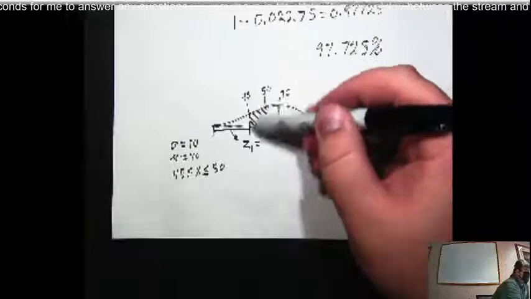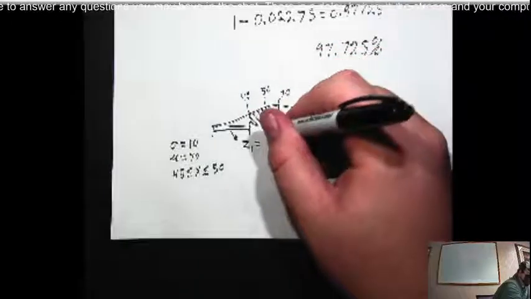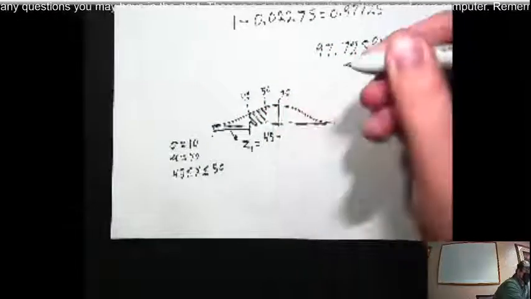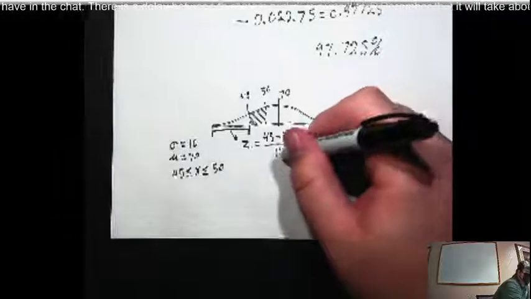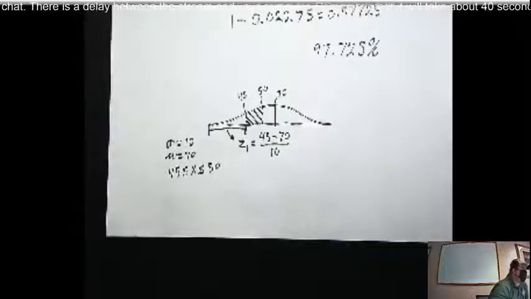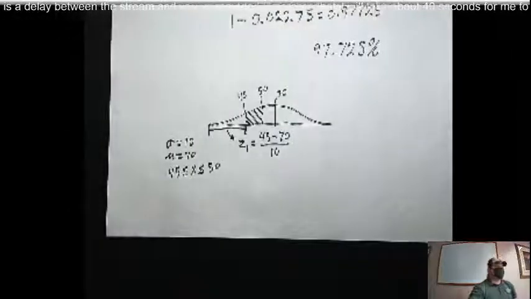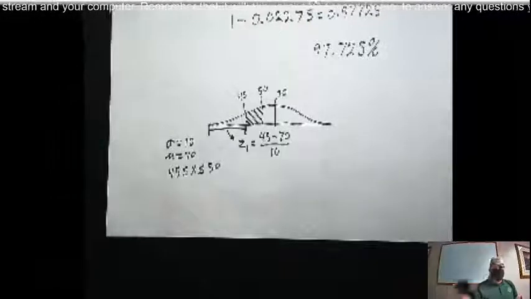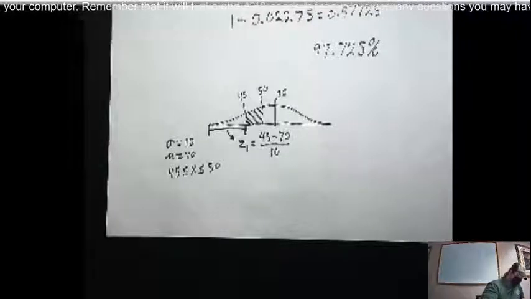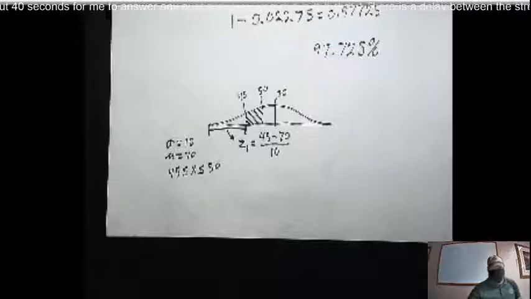So we have 45 for our x value, minus our mean, 70, divided by our standard deviation, 10. So let's see what we get for that one. So 45 minus 70, and then divide by 10, we get negative 2.5.